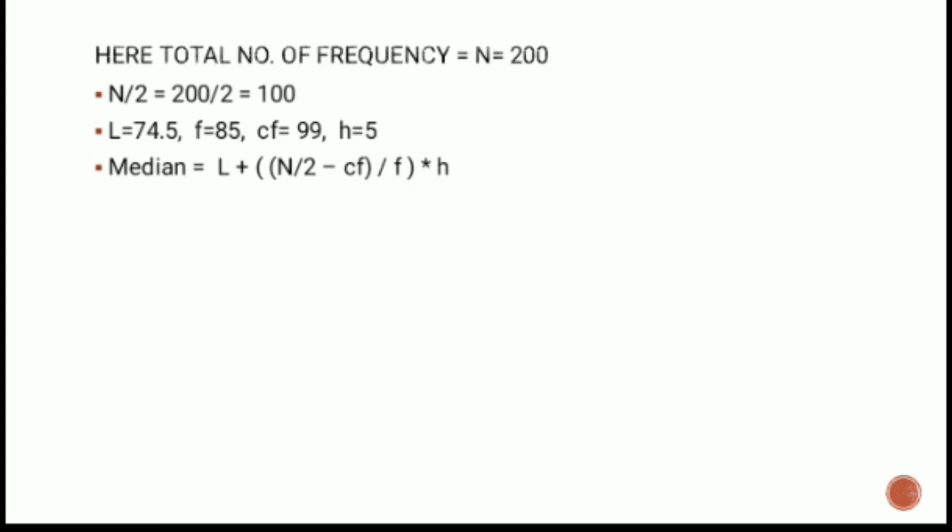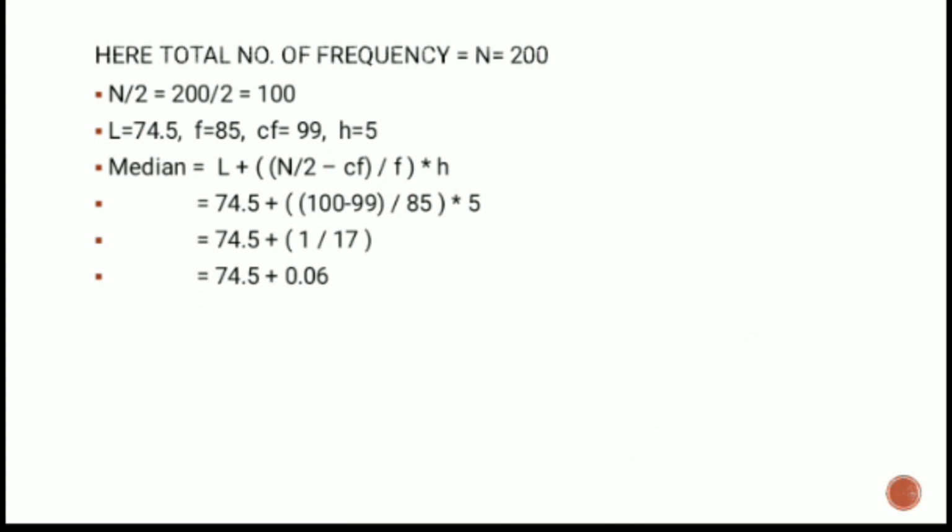Okay, so writing the median formula: L plus n by 2 minus CF upon F into H. Substitute the values: L as 74.5, n by 2 as 100, CF is 99 and H is 5. Now 74.5 plus 100 minus 99 gives you 1, that's why 1 upon 17.